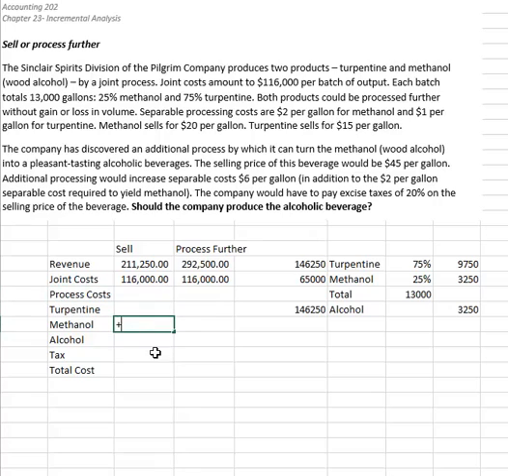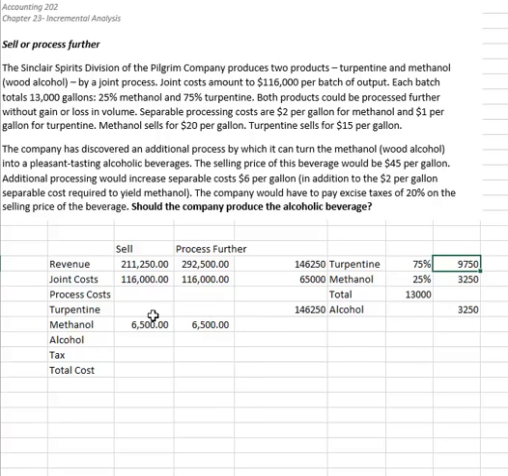To process the methanol, you take 3,250 gallons times this $2, so $6,500. Now when you process it further, you still need to do that, so I multiply it by $2. So it really is no different between the two alternatives.